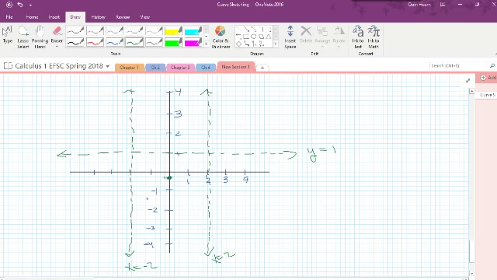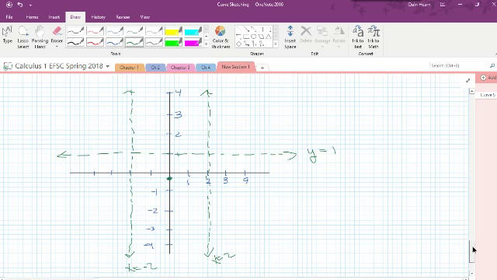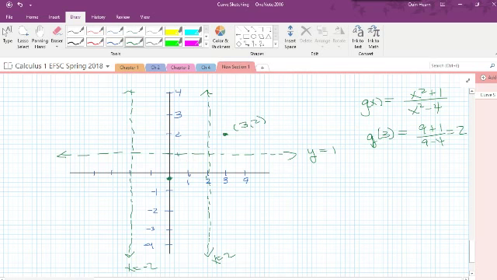It's where the graph changes from increasing to decreasing, but we don't have any values to the left or to the right to know which portion of the plane we're in. So it's a good idea to plug in a value or two and see where we are. g of 3 equals 3 squared plus 1 over 9 minus 4. That's going to be 10 over 5, which is 2.